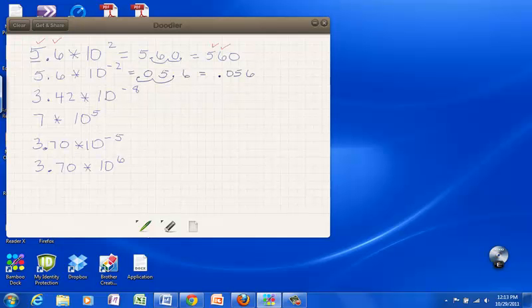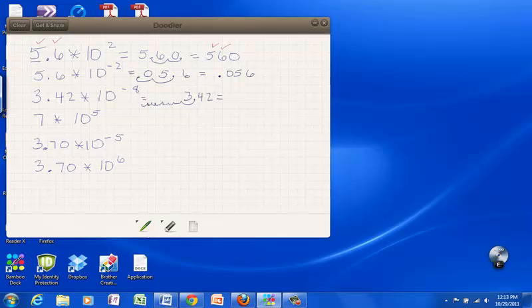So here's another example with a negative exponent. I need this number to get very, very small by a power of 8, so that will be dividing backwards. So 1, 2, 3, 4, 5, 6, 7, 8. And we have to fill in zeros for all of those places.